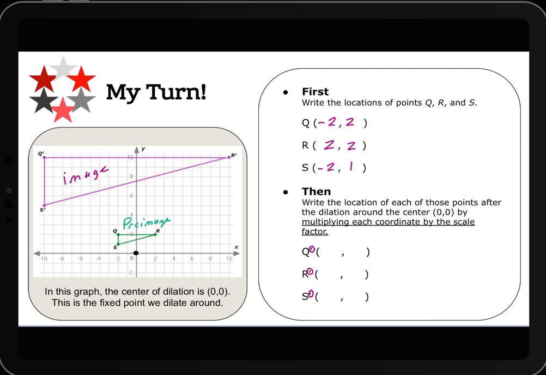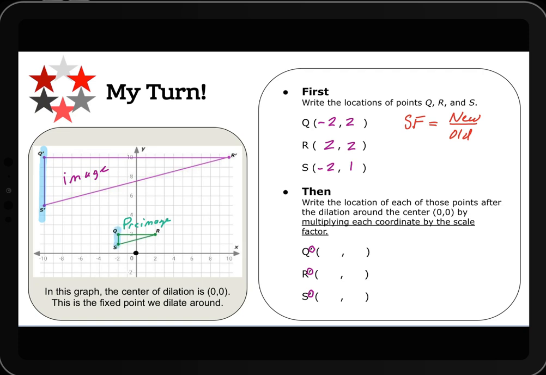Now, remember what scale factor can often be described as, right? So when we talk about scale factor, I'm going to call that SF. It's all about what's new over what's old. So in our case, we want to identify the scale factor here as an example, because in order to find the coordinates of our image, assuming that the image isn't provided on the graph already, which here it is, but if it's not, we can identify the scale factor by taking corresponding sides like Q prime, S prime, for example, and QS.